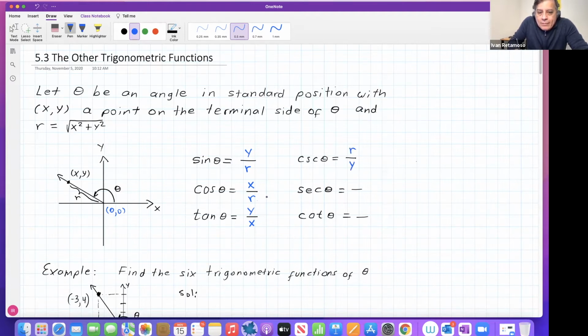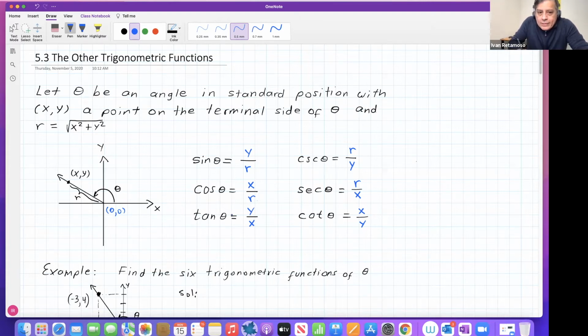For secant, flipping or taking the reciprocal of cosine, r comes up, x below, r over x. And for cotangent, x up, y comes down here, x over y. There we have the 6 trigonometric functions, now defined in general.